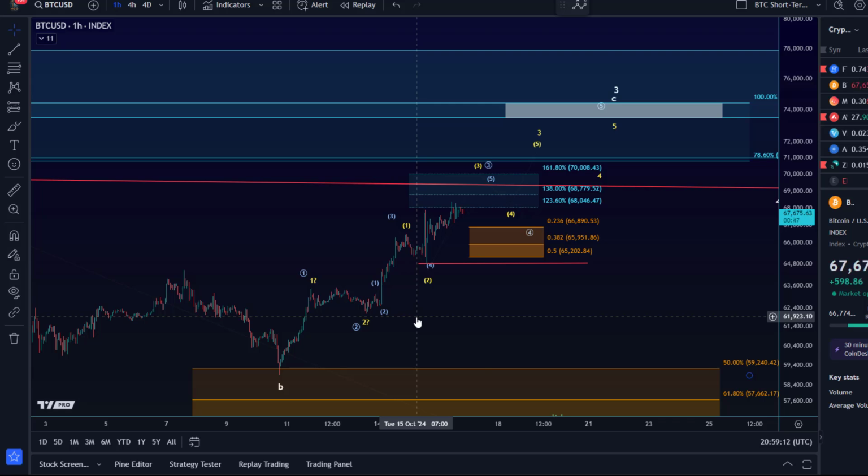Someone who's just interested in larger degree swing trades doesn't need to be so concerned about these micro patterns. Sometimes people panic when a micro support level breaks on the 1 hour or 30-minute chart, whereas if that person is in a larger degree swing trade, that is still very much intact. There's no need to panic about these things.